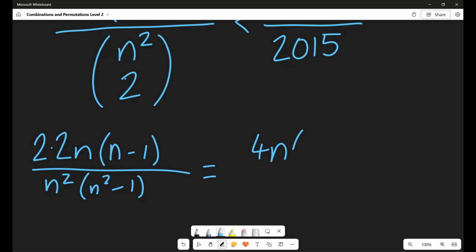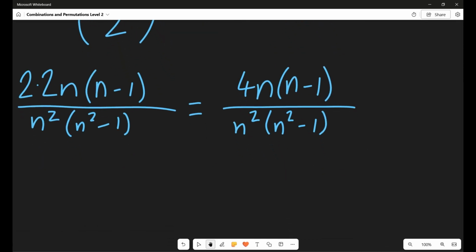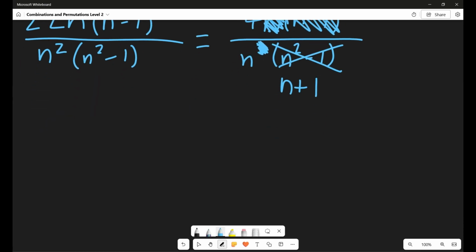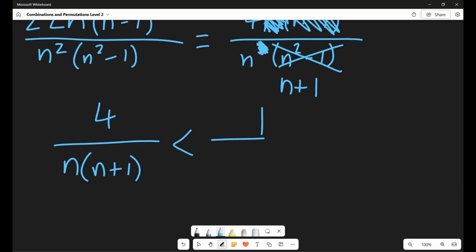This evaluates to 4 times n minus 1 over n squared times n squared minus 1. Now we can use some nice factorizations. We can cancel this n here. We can cancel this n minus 1 with this to leave n plus 1. And now it just comes out to 4 over n times n plus 1 is less than 1 over 2015.